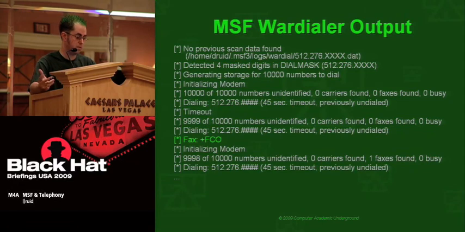Then it initializes the modem. It starts running. In this case, I had the modem set to fax mode, so I was scanning for faxes, and you can see, like, the second number it dialed, it actually found a fax. And then it just continues on until it either dials completely or you stop it, and then because all of the output is in this database, you can resume where it left off later.